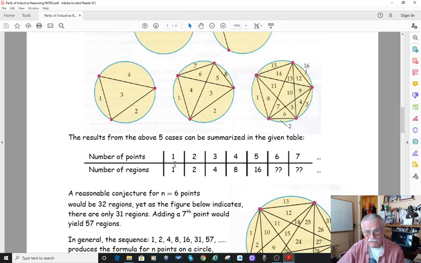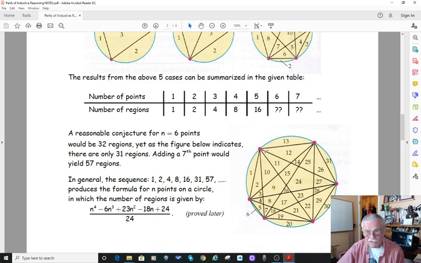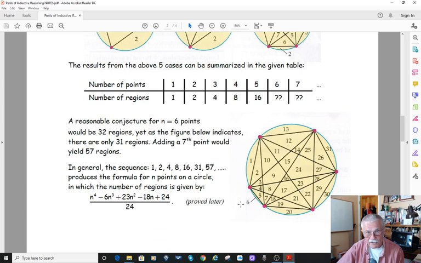All right, so we have 5 instances where visual common sense would say that's a nice pattern. You would get 32 here and 64 here, and yet that's not true. You only get 31 regions if you have 6 points, and with 7 points you get 57.